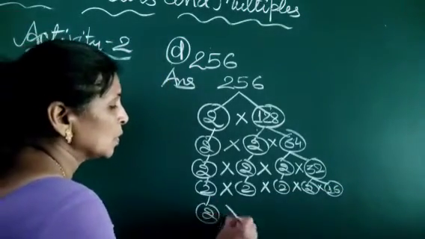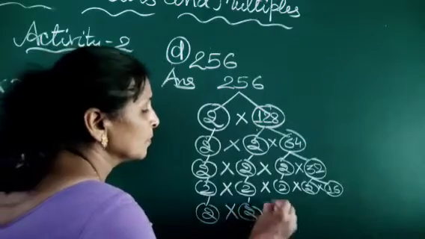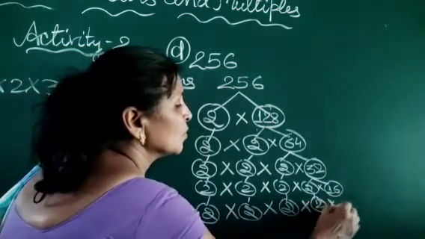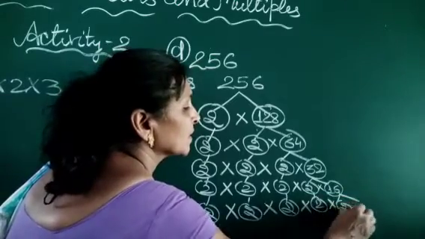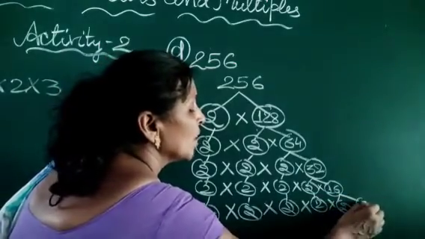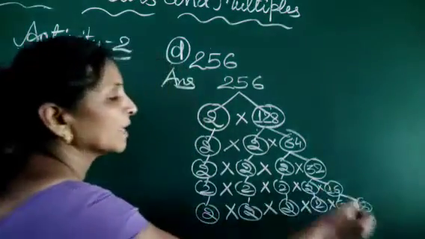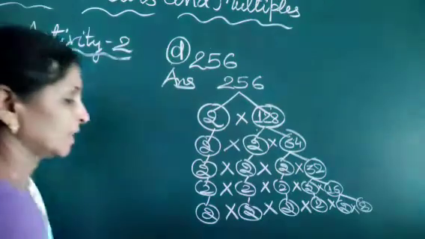Again this 2, here is 2, and then we break 16. 16 is divided by 2, then here comes 8. When we multiply this 2, then we get 16.